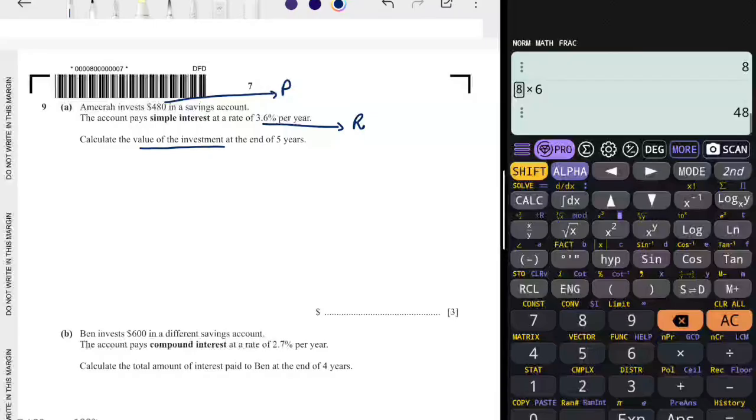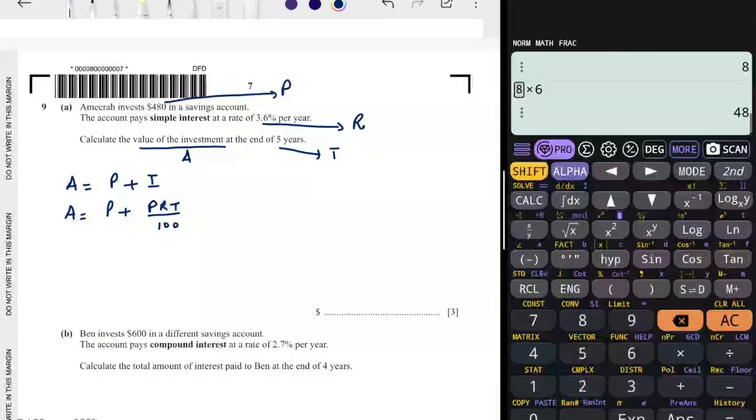We have to find out the amount at the end of 5 years. This is the time. So amount is equal to principal plus simple interest, and the formula for simple interest is PRT over 100.